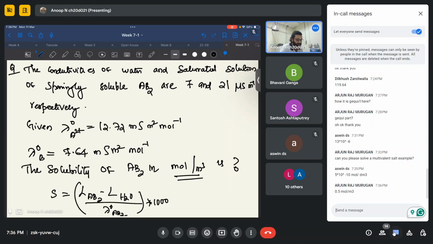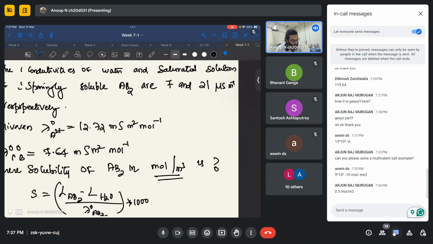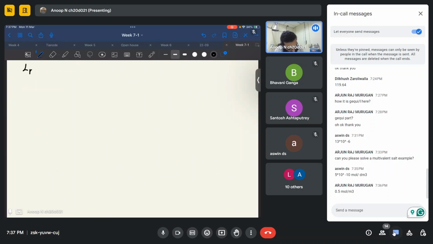So what we have to find out is the value of L of AB2, which is equal to 21 microsiemens per meter, and L of H2O, which is 7 microsiemens per meter. These values are given. We have to find out lambda of AB2.